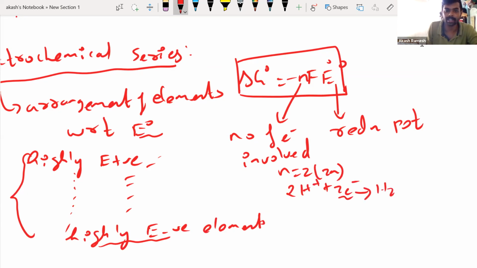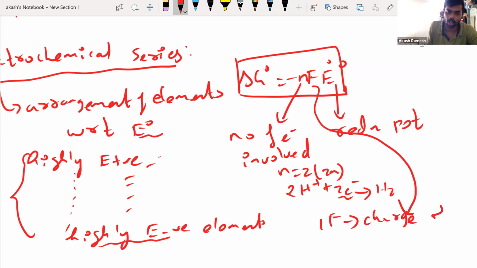So what you have to understand is N is nothing but the number of electrons involved in that particular reduction or oxidation process, whatever it is. Now this F is a quantity which I'm going to define. 1F is the charge of 1 mole of electrons.